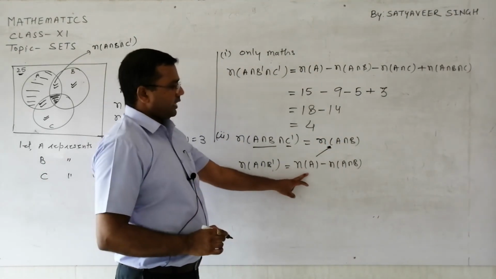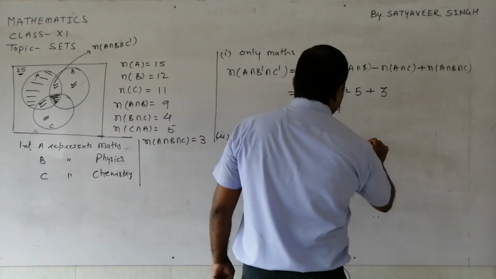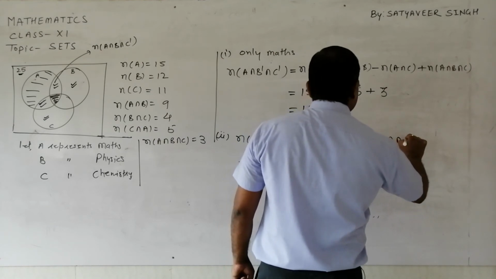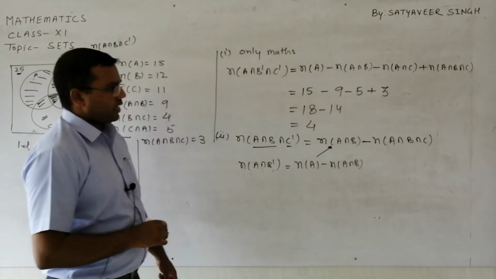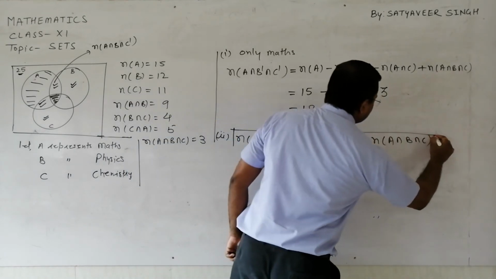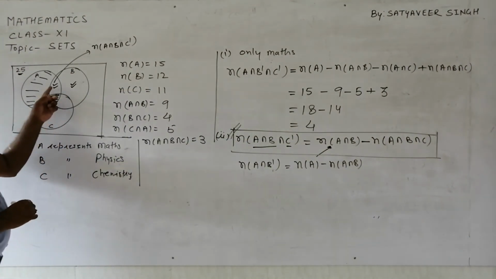This is A minus A intersection B. So this value we get from here, A intersection B intersection C. So we have framed this formula for calculating the value of mathematics and physics.